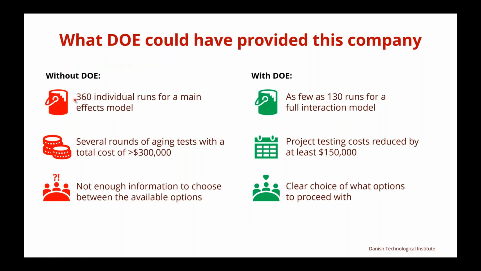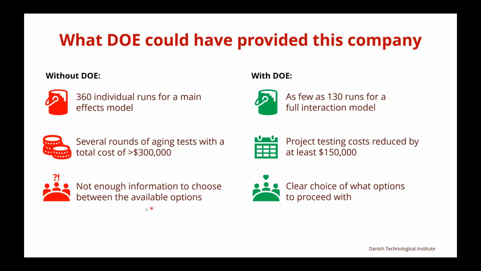And this number of samples to test was really expensive. It requires several rounds of these very long-term aging tests where you subject panels painted with each combination to simulated rain and sunshine and heat and so on. They could have cut that at least in half and saved quite a substantial amount of money.